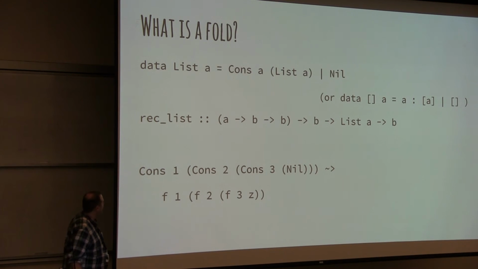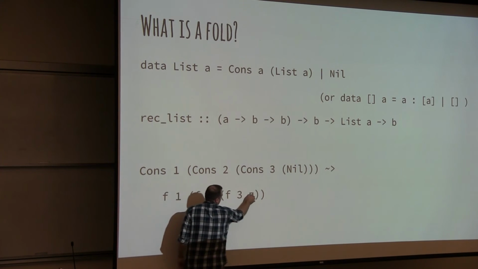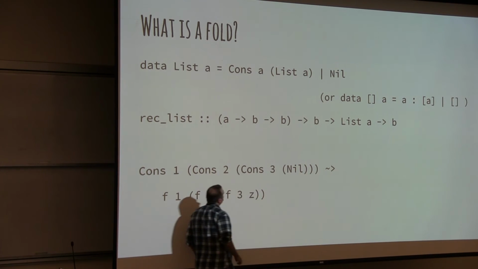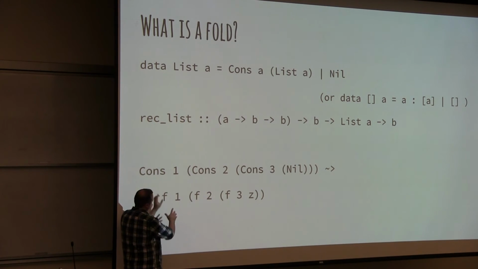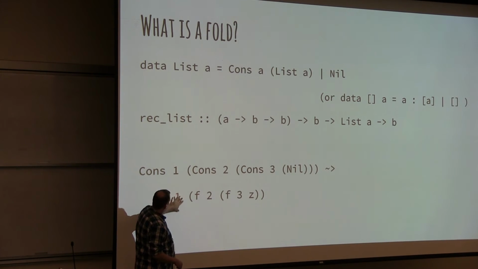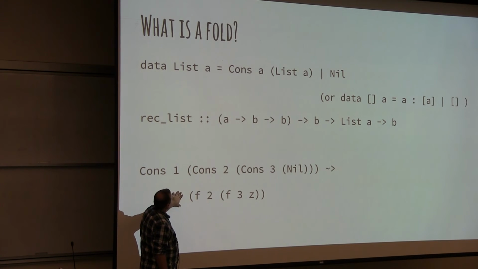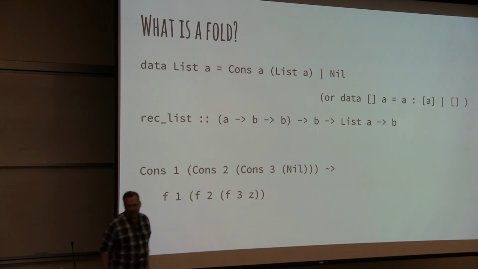And in the case of the list, the F replaces the cons, and the Z replaces the nil. And also, the F matches the definition because the first type is the value of the elements of the list, and the second type is the result of evaluating the rest.